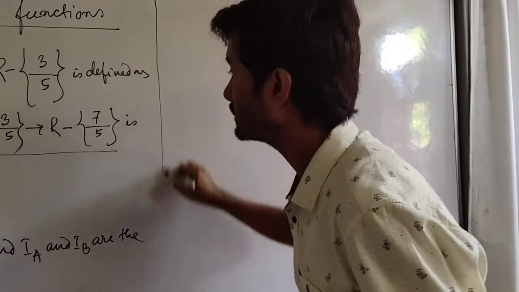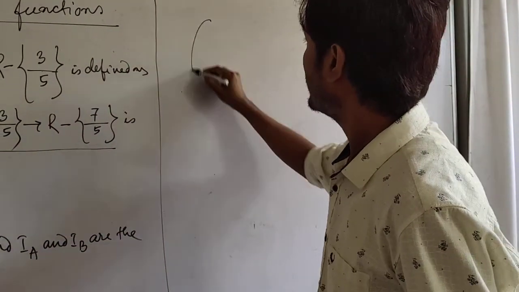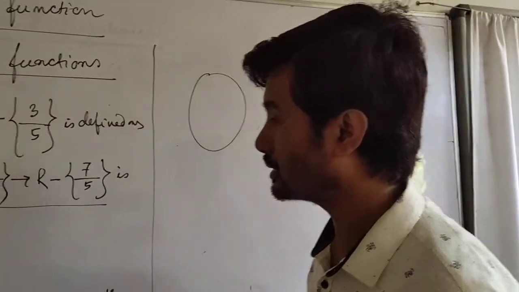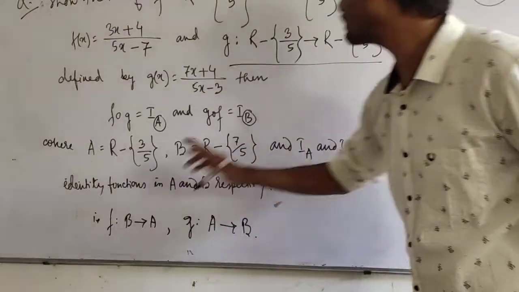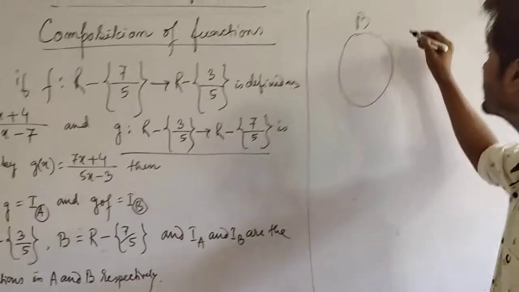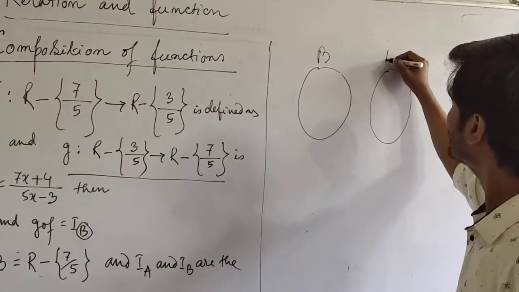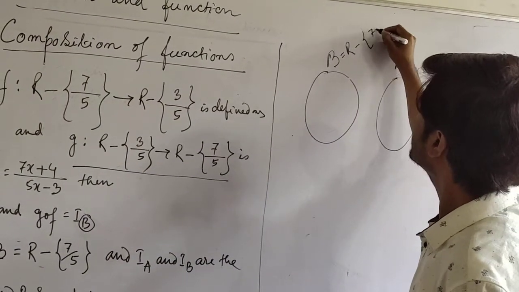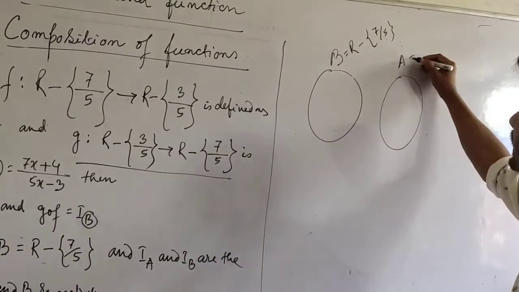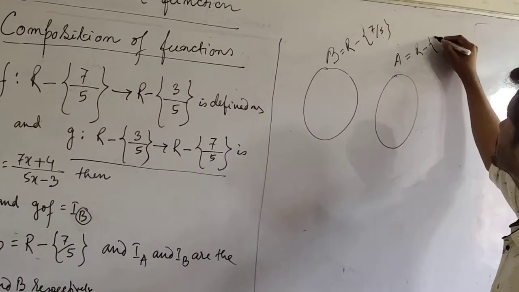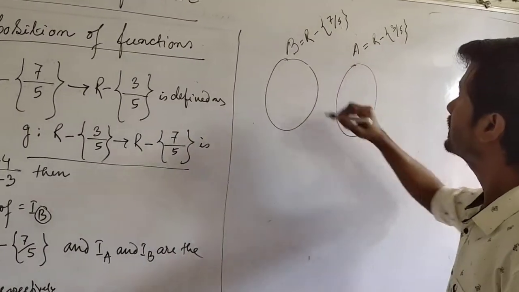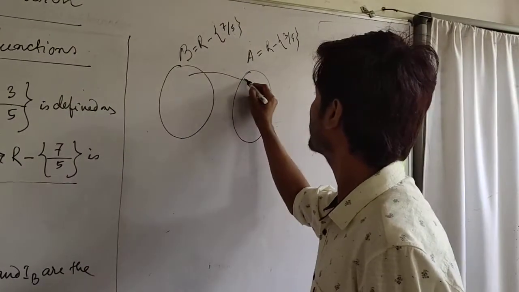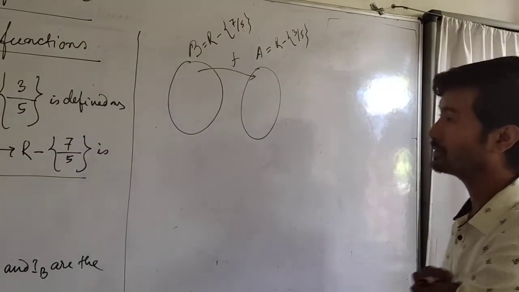Here you see, first look at f. F is a function from set B to set A. Suppose this is our set B and this is our set A. B is R minus 7 by 5 and A is R minus 3 by 5, so this function is our f.